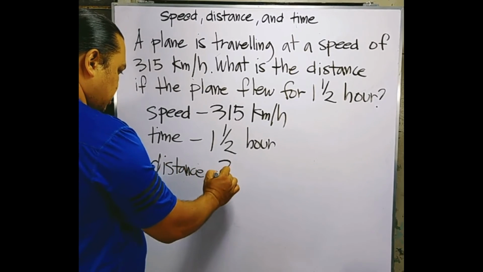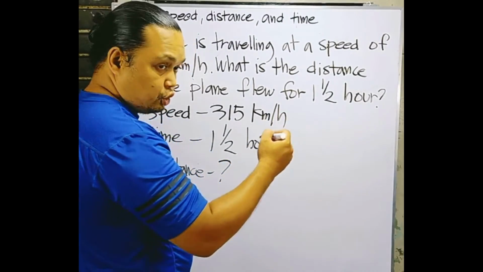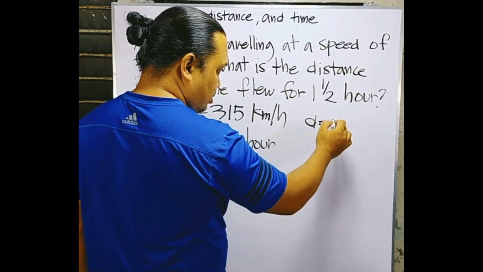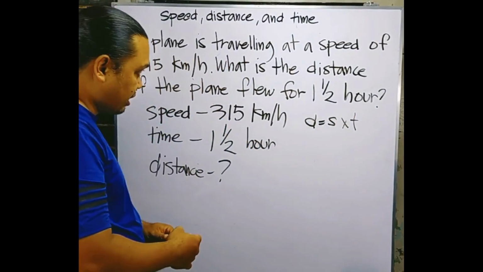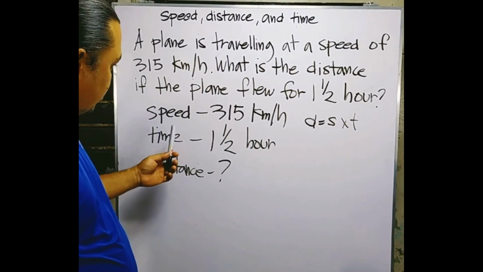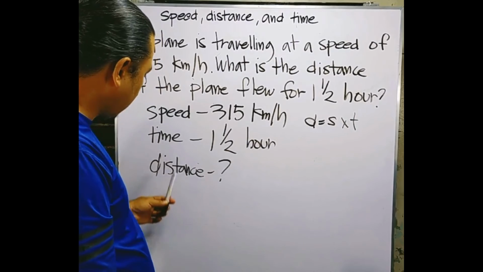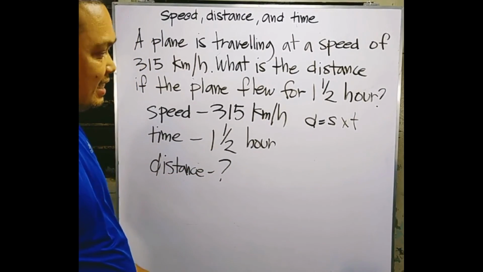Okay, so based on our second triangle or formula, distance is equal to speed times the time. Okay, so we have here the speed, which is 315 km per hour, and the time, which is 1.5 hours, and we're looking for the distance.